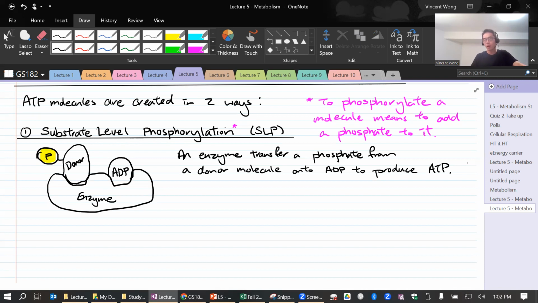In this case, the enzyme is phosphorylating the ADP. It's putting a P onto ADP to make ATP.